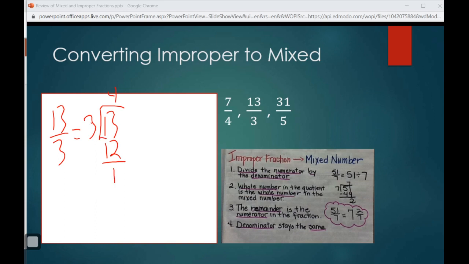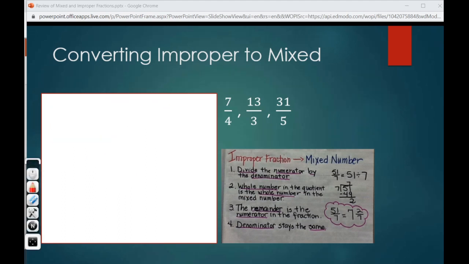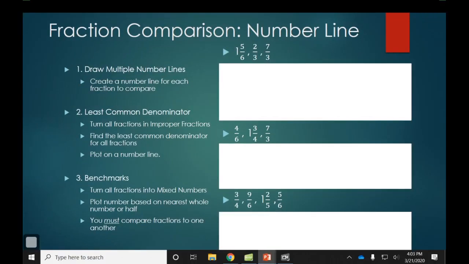Subtract these numbers. We have everything we need. This is our whole, this is our numerator, this is our denominator. That's a 3. So it's going to be 4 and 1/3. So that is converting improper to mixed.